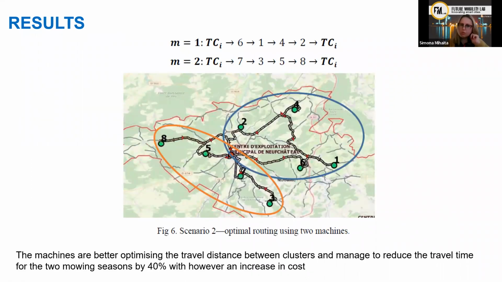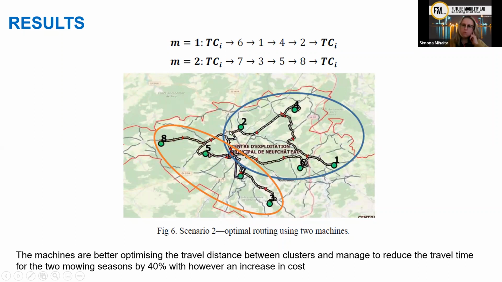Now, when we go to the second scenario, assuming that this center will purchase another machine, so they would have two machines operating. The results of the cluster gave us basically two regions. The first option would be from the technical center to go to cluster 6, then cluster 1, 4, 2, and back.